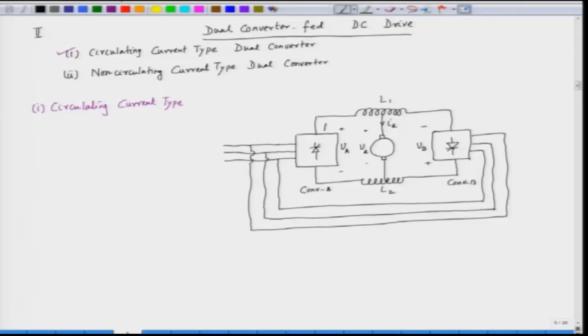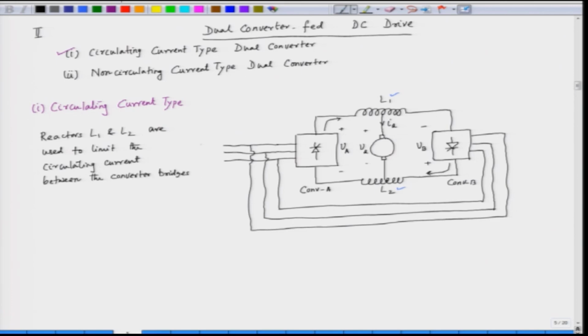The current can only flow from converter A in this direction and from converter B in that direction. The intergroup reactors L1 and L2 are used to limit the circulating current between the converter bridges. These are the AC mains.